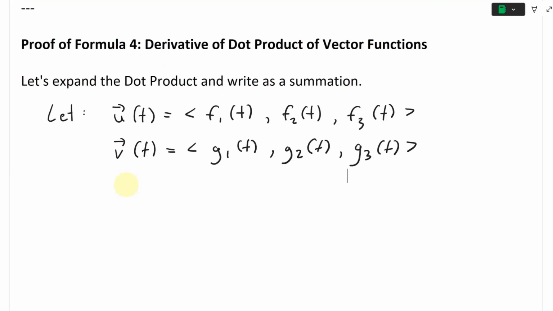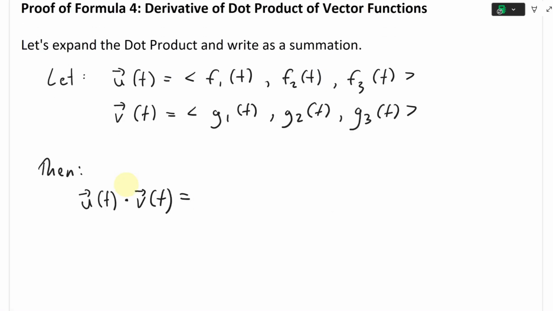Then the dot product of this. Recall the dot product: u of t dot v of t equals, basically, you multiply each component by its corresponding component and add them up.